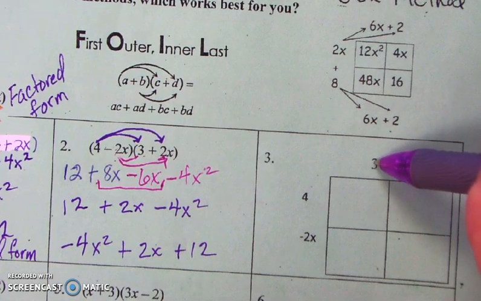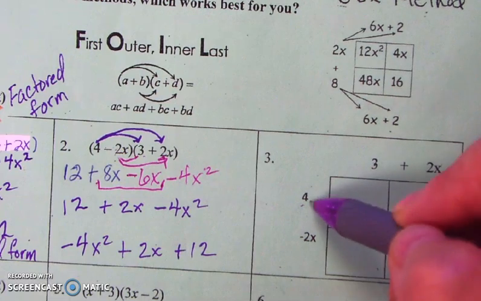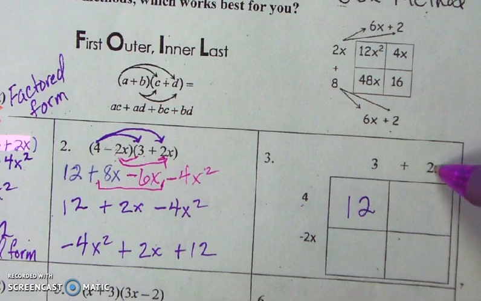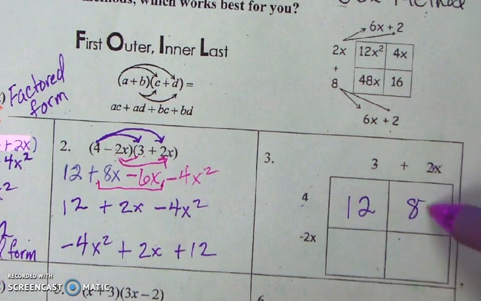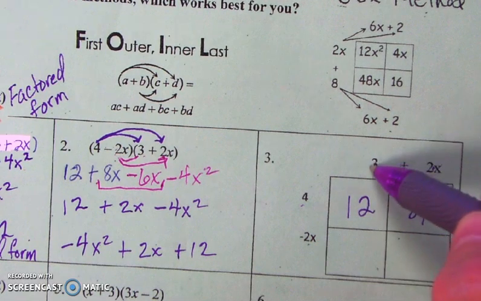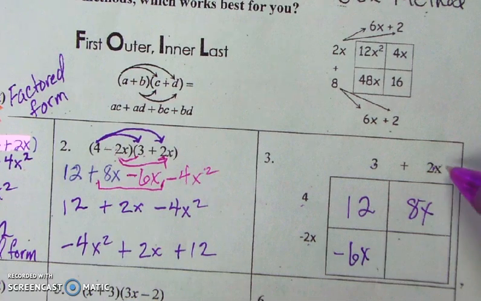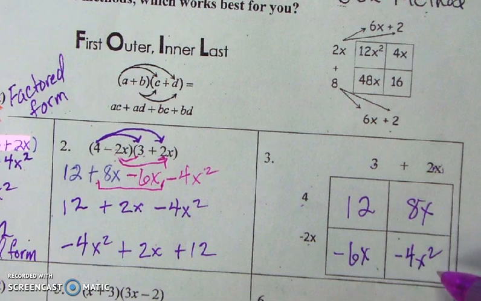We're going to multiply this number times this number, and the answer goes right here. So 3 times 4, what am I going to get? And then 2x times 4, 8x. And then I come up here again, and I go to the bottom one. So 3 times negative 2x, and then 2x times the negative 2x, negative 4x squared.